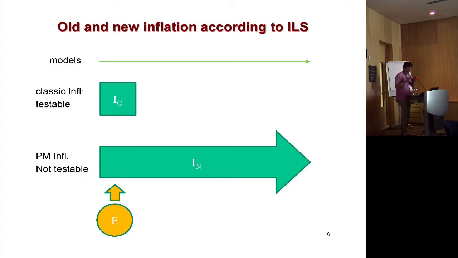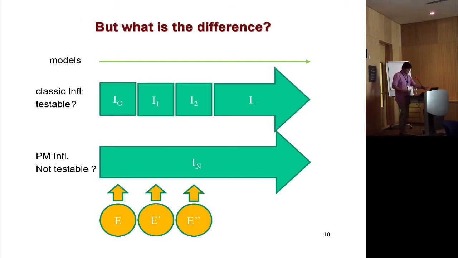And what enters then is also the prior of the hypothesis, of course. Now, if you think about a situation like that, where you just have this classic inflation that they claim to be testable, of course, the fact that this classic inflation is testable doesn't mean that the other options go away.